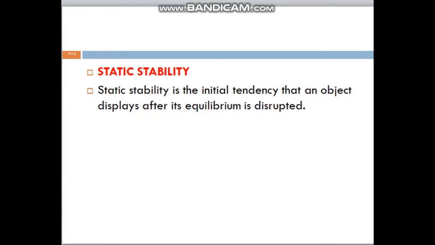We have two types of stability: static stability and dynamic stability. We will start by talking about static stability. Static stability is the initial tendency that an object displays after its equilibrium is disturbed.